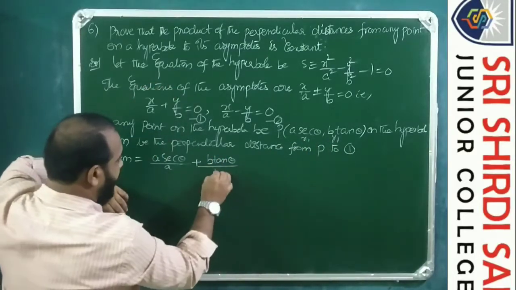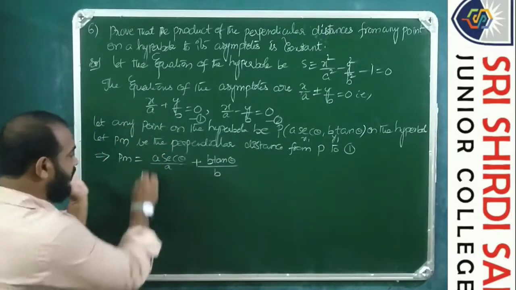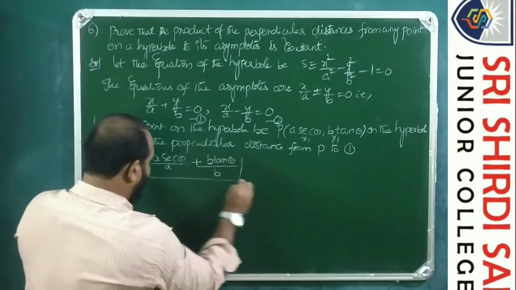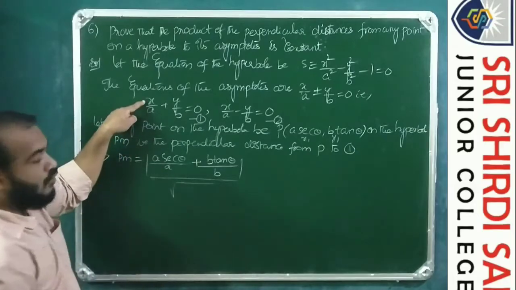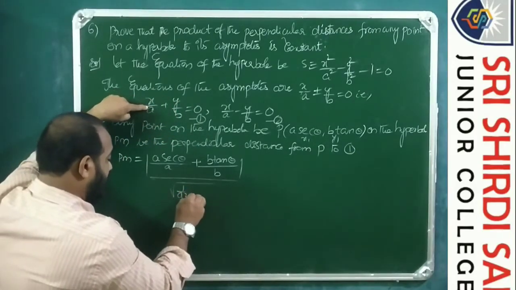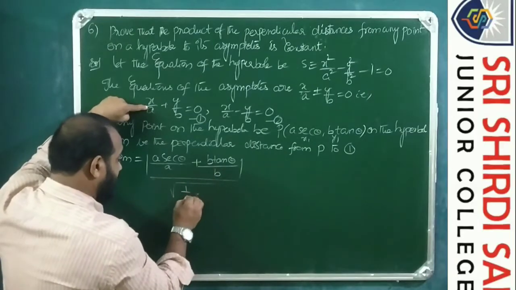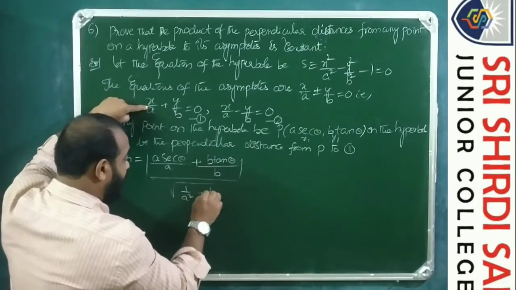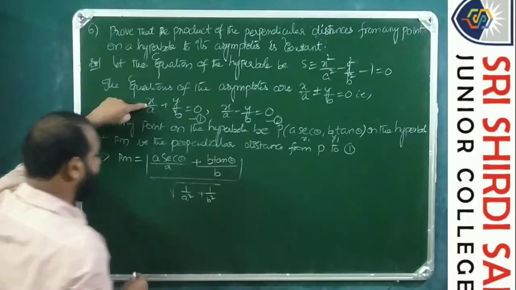So PM equals modulus of secant theta plus tan theta by square root of 1 by a square plus 1 by b square.